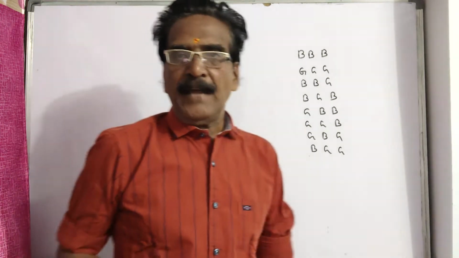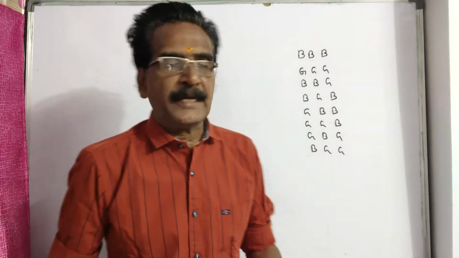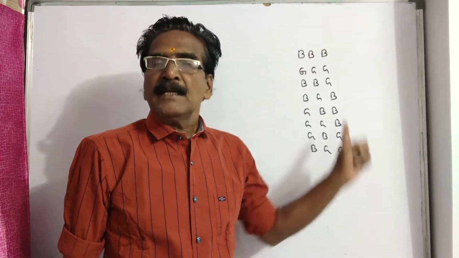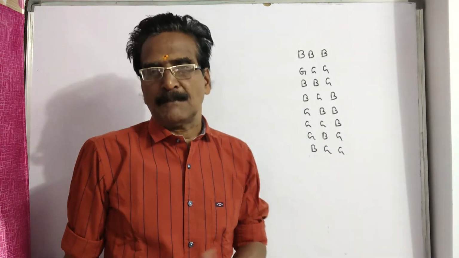So, if a family has 3 children, those 3 children can be born in any of these 8 ways. This is the total number of outcomes.